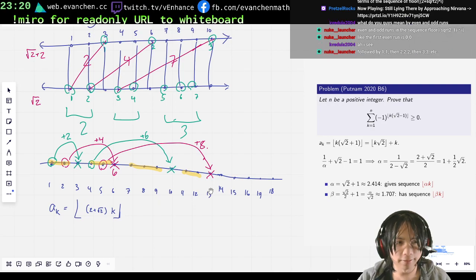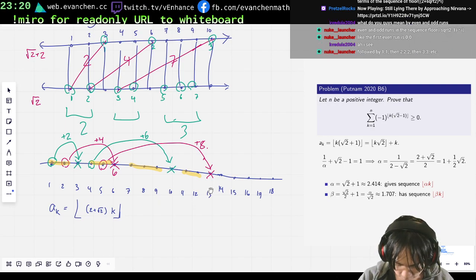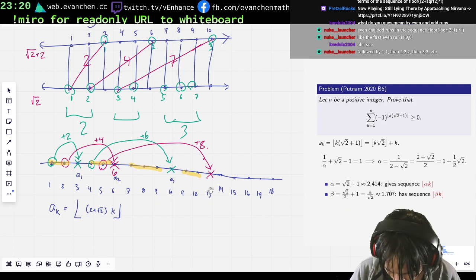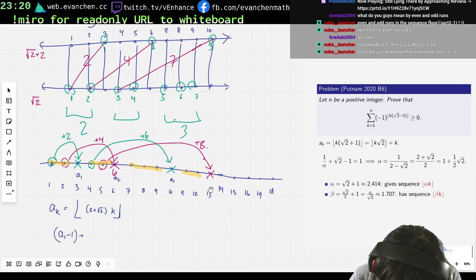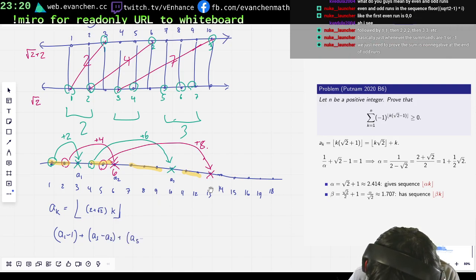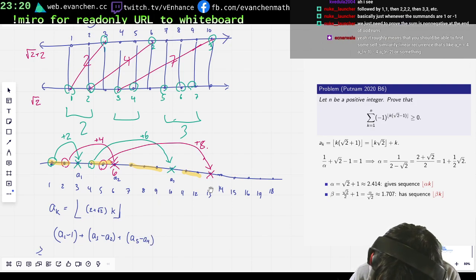So if I write that sequence, then this guy is A1, right? This is A1, this is A2, A3. So okay, we want for even integers, A1 minus 1 plus A3 minus A2 plus A5 minus A4 to be at least the... Where do I cut it off?